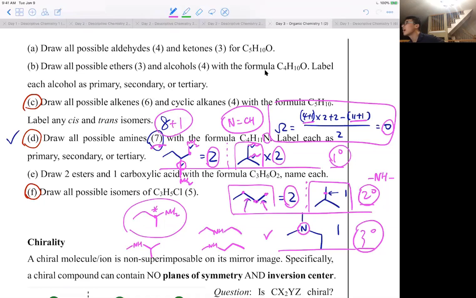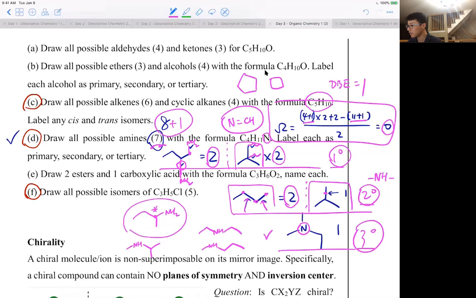For part C, 6 cyclical alkynes. Let me try. The DPE is 1. So we can start from this.